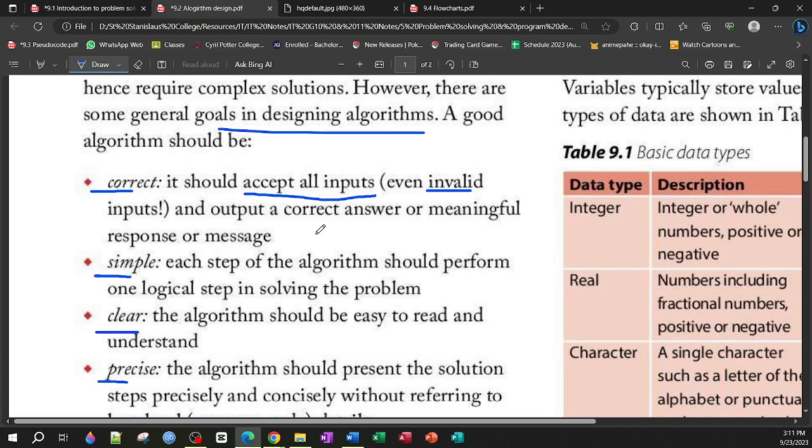What do you think that means? It should accept all input, even if it's invalid, and give you the correct answer or a meaningful message. What is meant by that? Any idea?